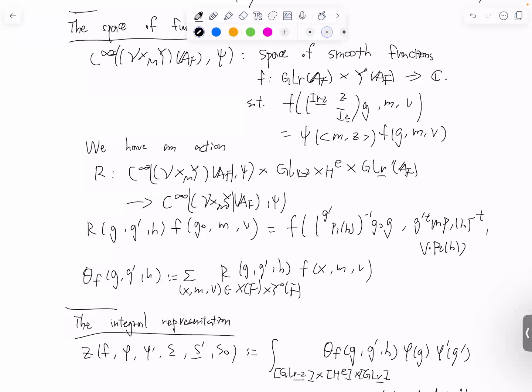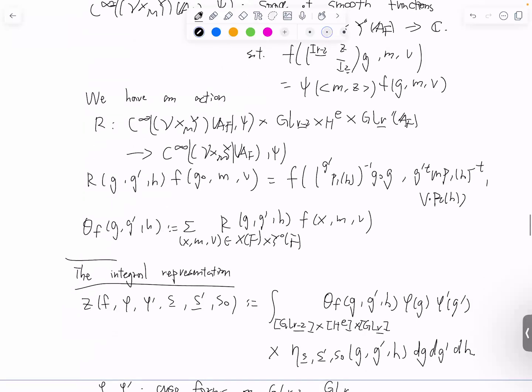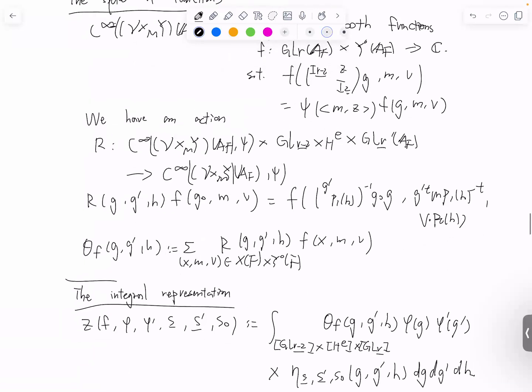So for this theta_f, do you have Poisson summation, or do you use it somewhere? Well, this part is what we are trying to prove for this V cross Y space. We don't have it yet.